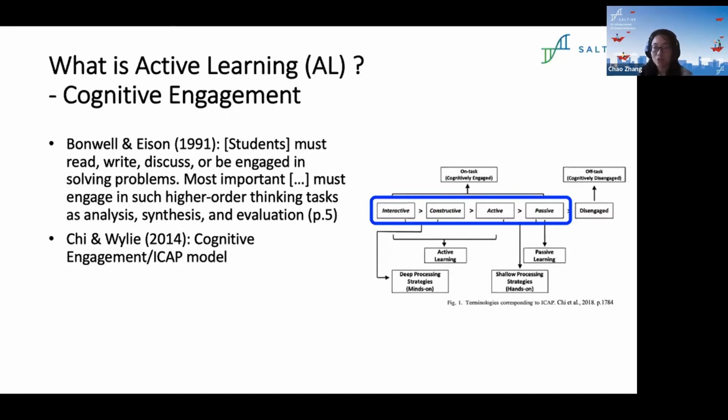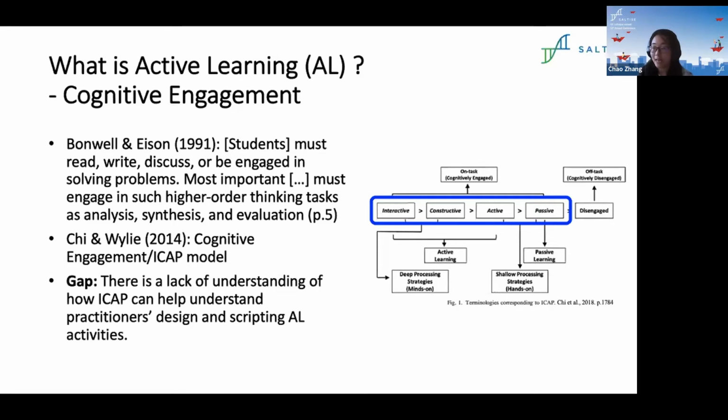It is to ask students to be cognitively active. So they developed a model called the ICAP model to capture the different levels at which students can get actively engaged when they learn in the classroom during all kinds of learning activities.